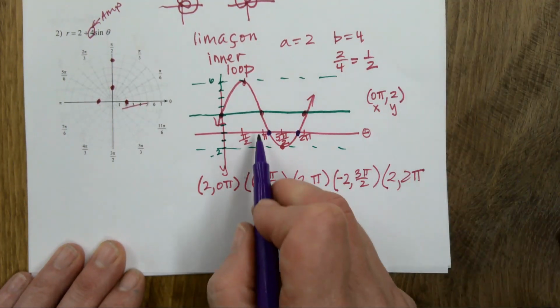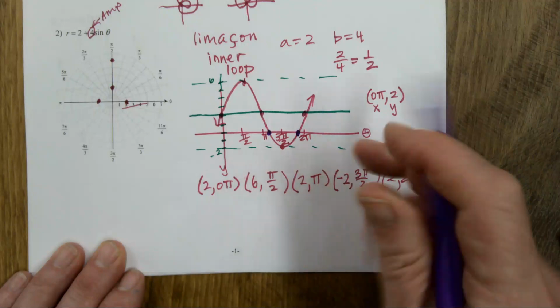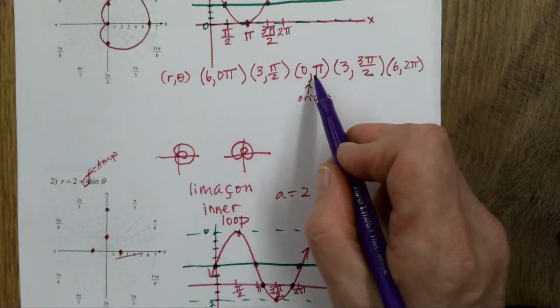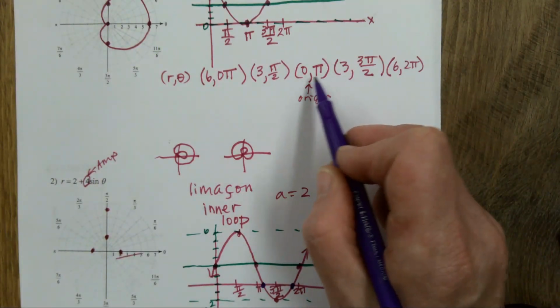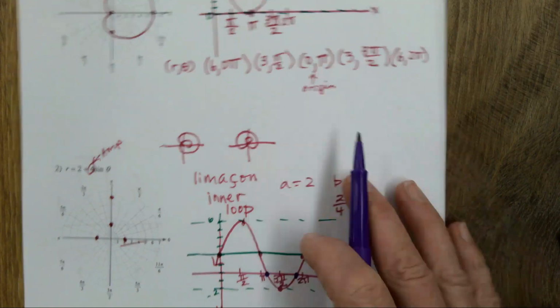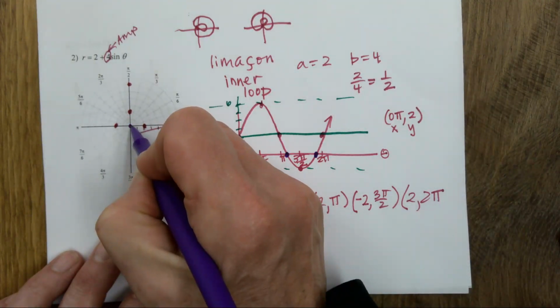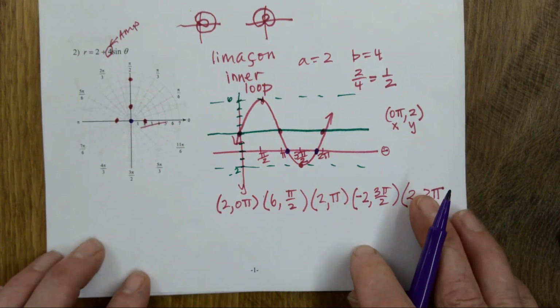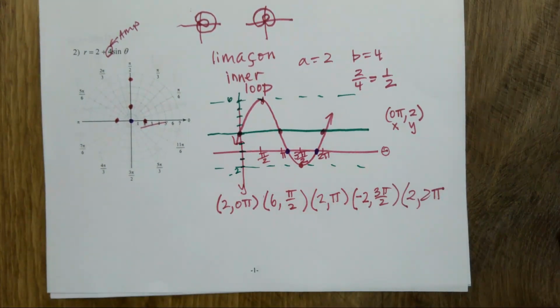That's 0 on this graph. That means there's 2 points where this thing crosses the origin. So I have this point in here as well. And it's going to cross through that point twice, because twice my graph hits my original axis, and that has a radius of 0.